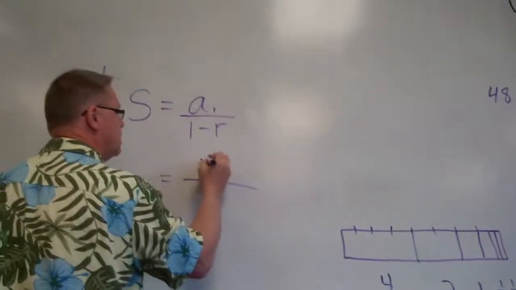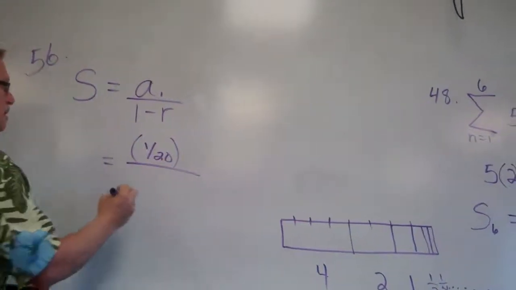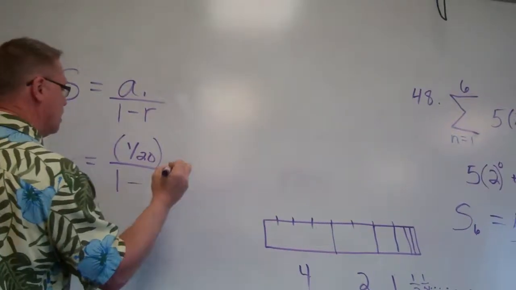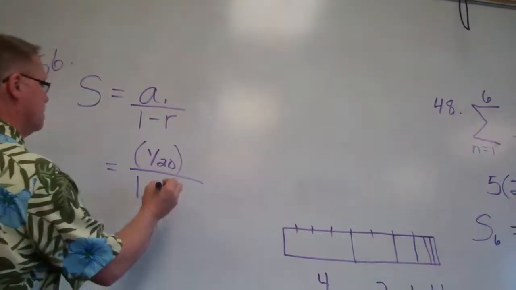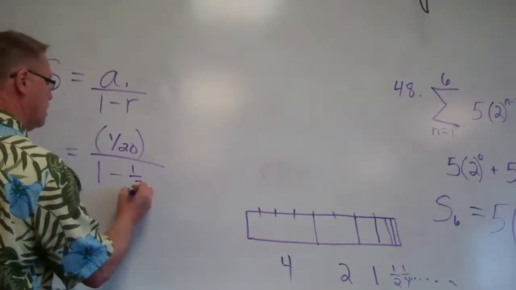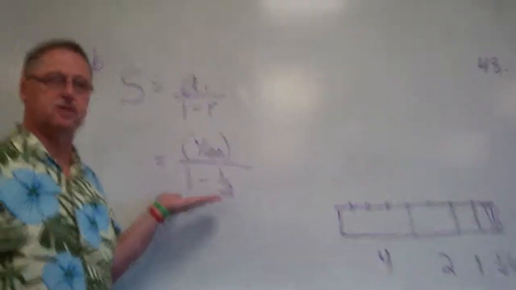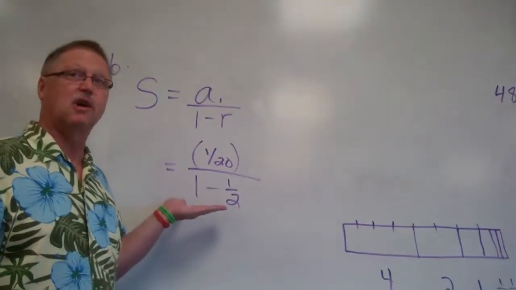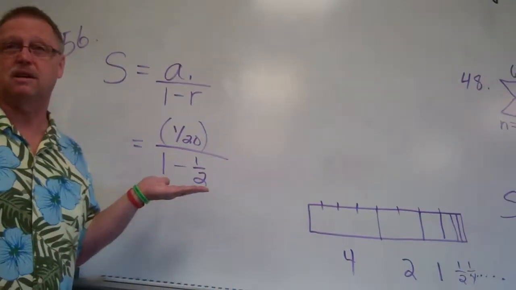He says 1/20th is the first term. Can you see what the ratio is? It's 1/2. If you could just figure this out, you could figure out the total of this series that goes forever. I mean, you can never do that one by hand, right?